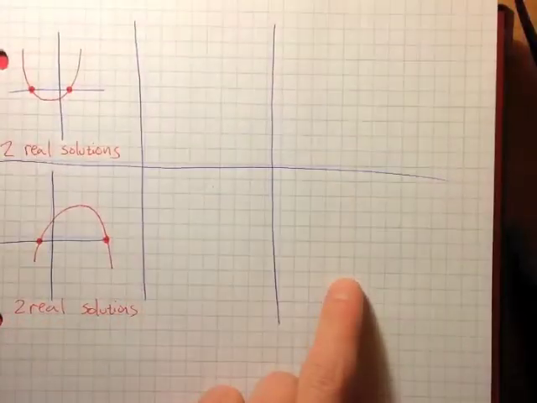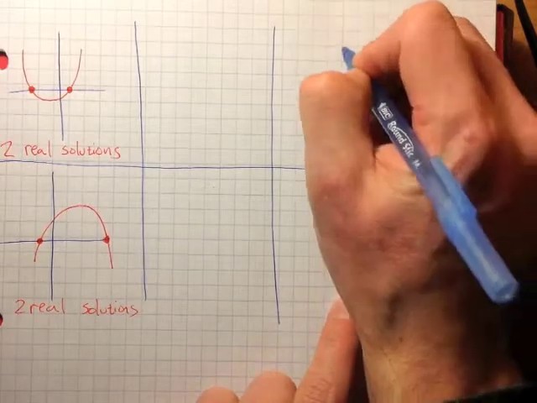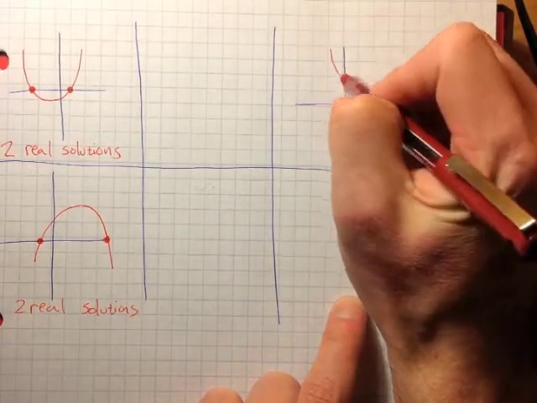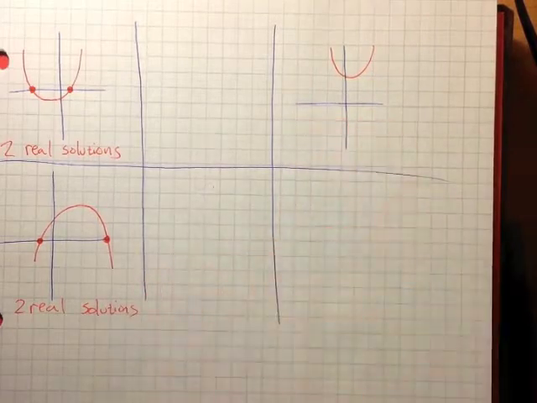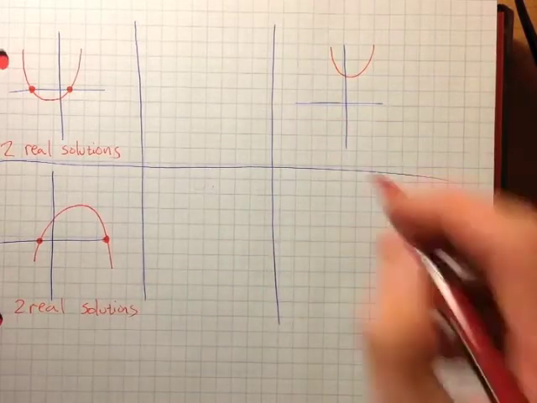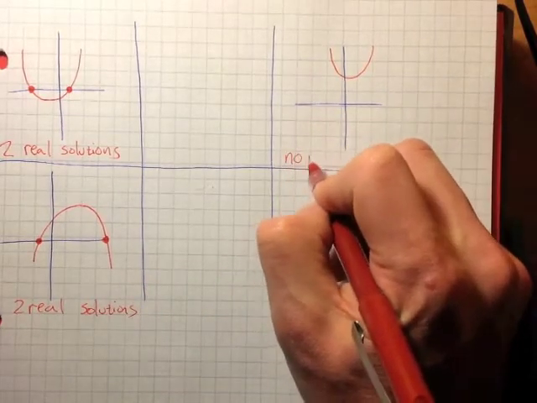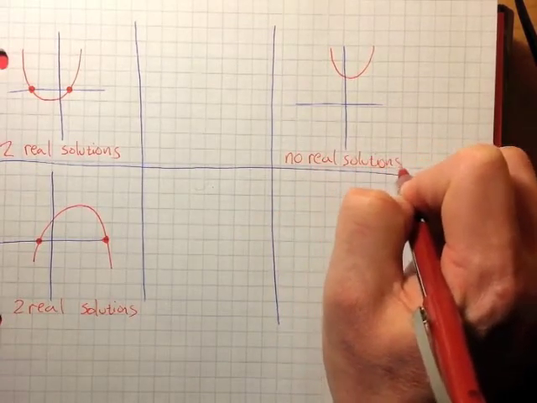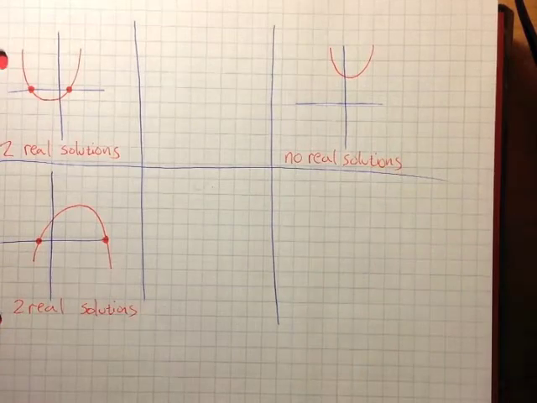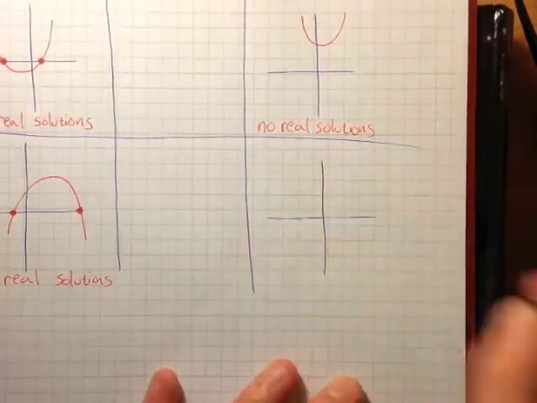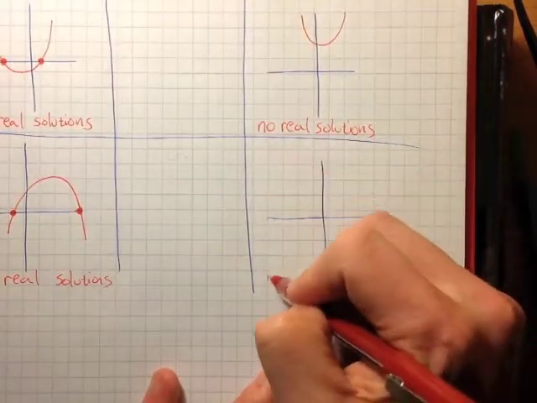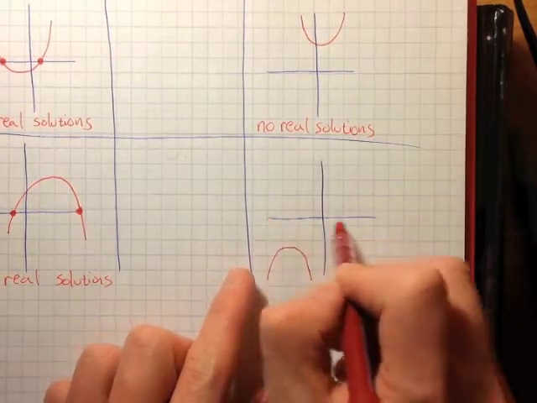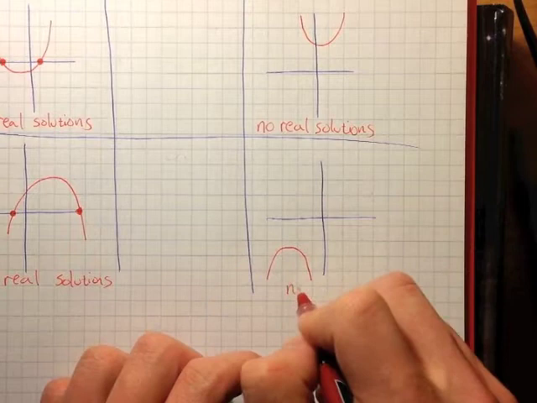Now over here, we just encountered a case where the graph never intersects the x-axis. That means that there are no real solutions. And of course you could have this case as well. You could have a graph way down here. It never intersects the x-axis, so no real solutions.